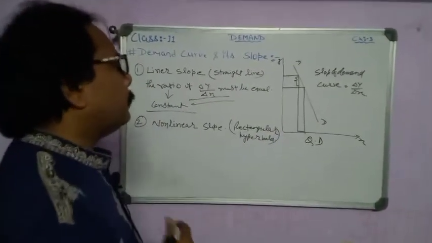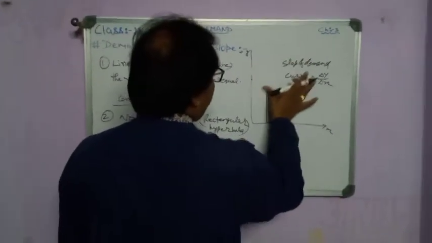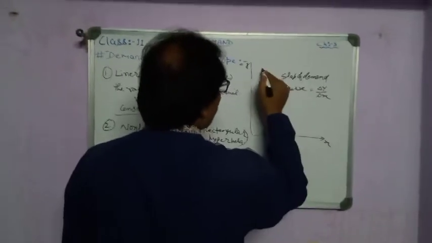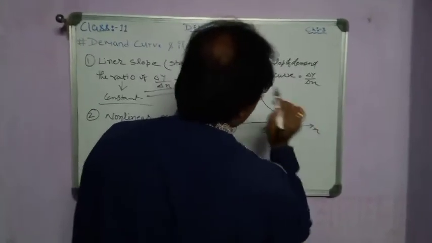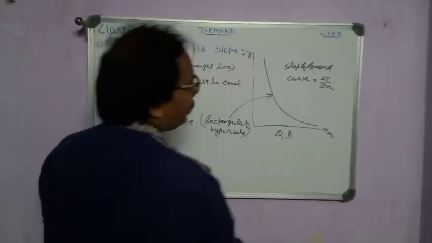So when it is a rectangular hyperbola, the shape is like that. Okay. So if the demand curve is sloping but it moves like that, it is known as rectangular hyperbola.